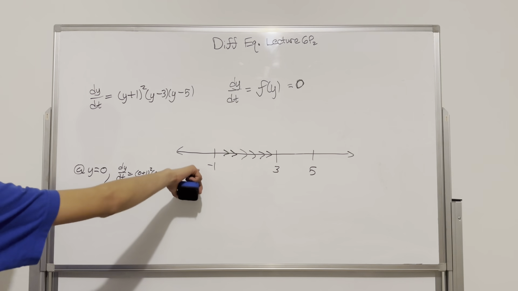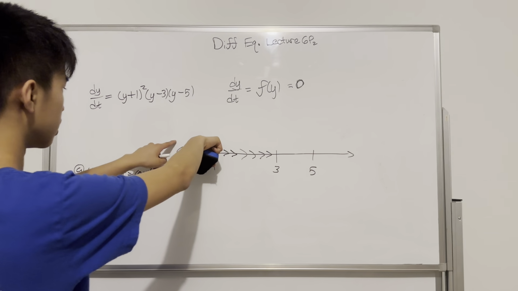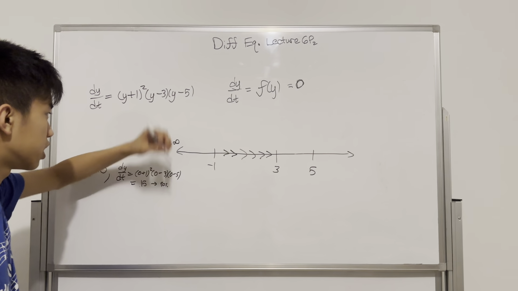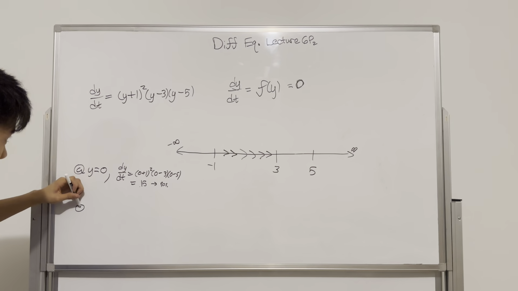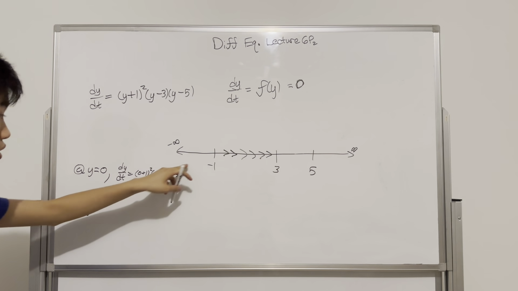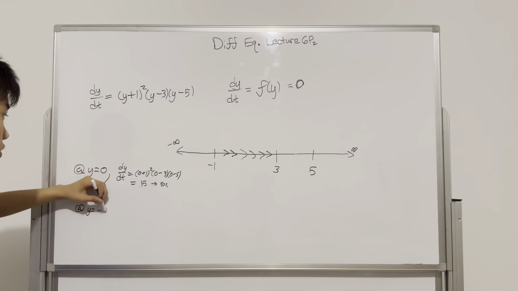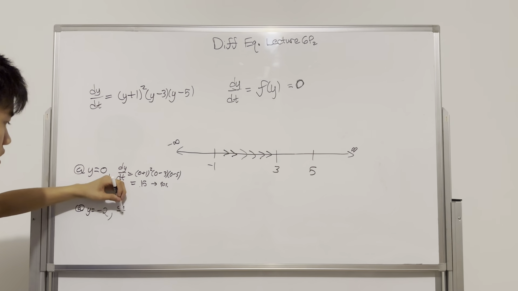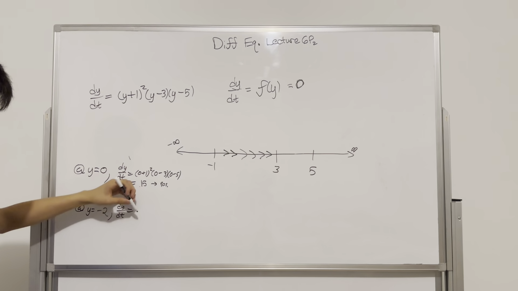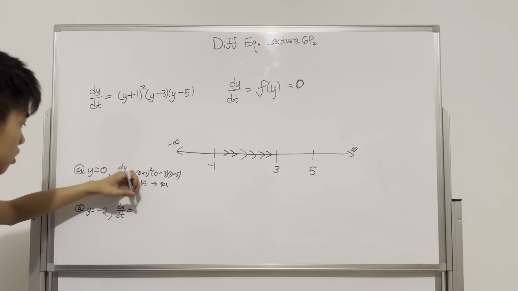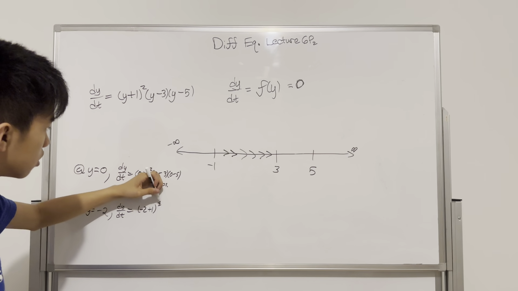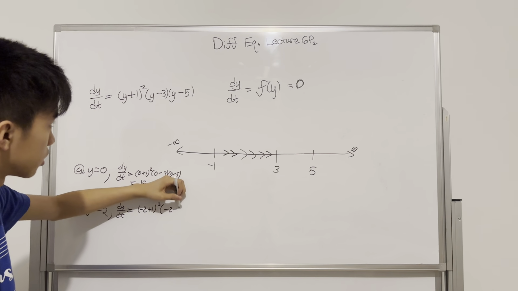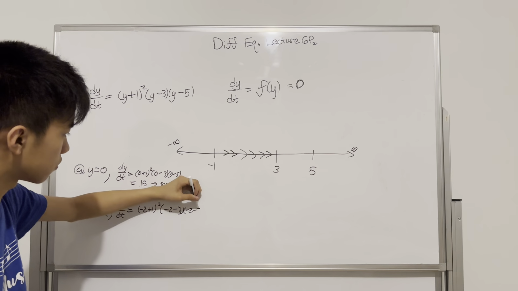And then let's try anything in this section, which is anything from negative infinity to -1. So at y equals, let's say, -2 for simplicity, dy/dt equals (-2 plus 1) squared, (-2 minus 3), (-2 minus 5).